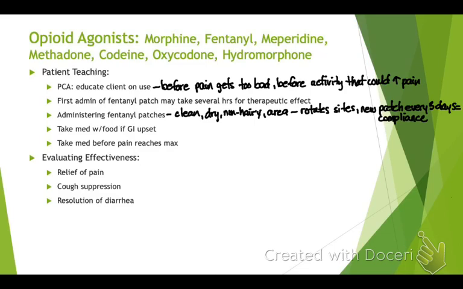Same thing with resolution of diarrhea. If the diarrhea has stopped, then we know the medication is working, because it is also given for GI motility. It decreases the GI motility. So those are all important factors to see how effective your medication is being.